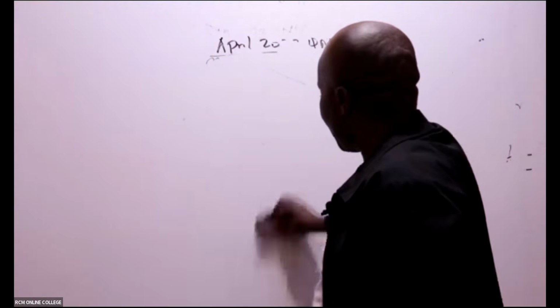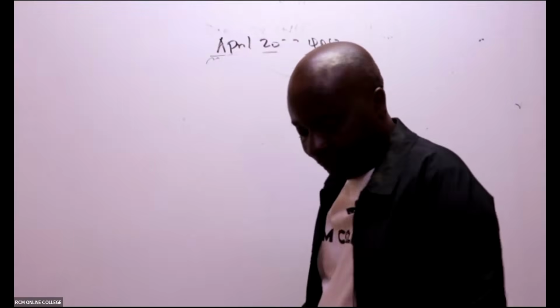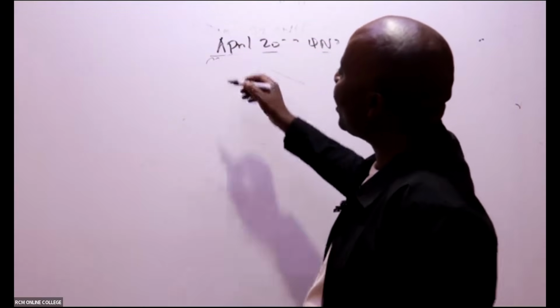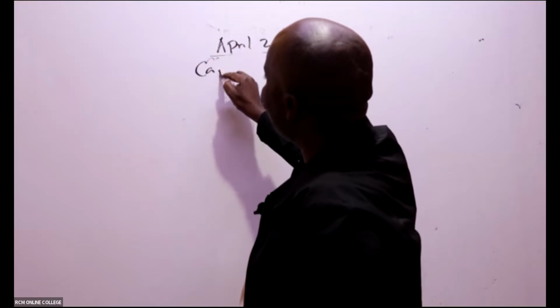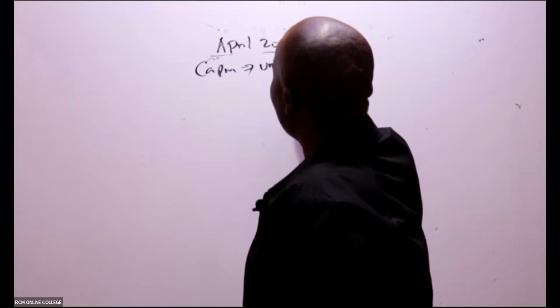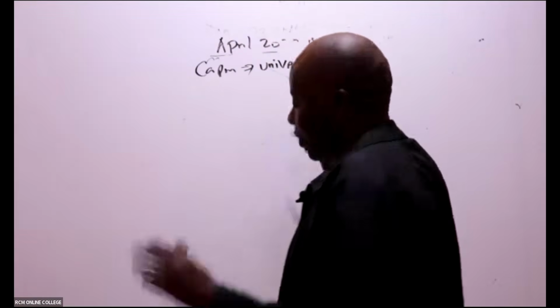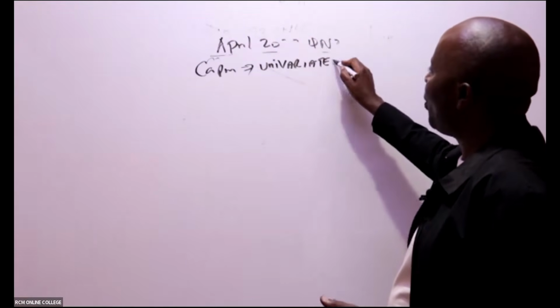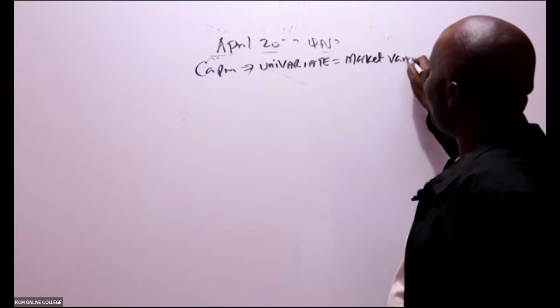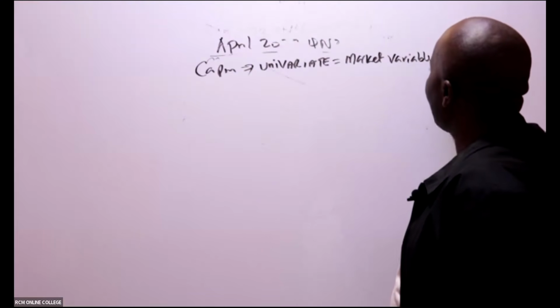I'll be able to do this. So they want me to give them CAPM. I know that CAPM is a market model. This is a univariate model. Univariate means one, and we are only going to consider the market variable alone, the market factor.